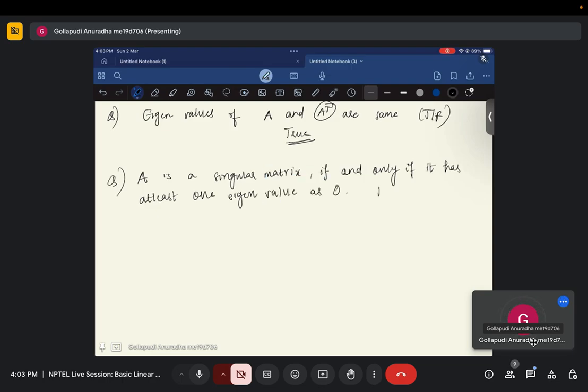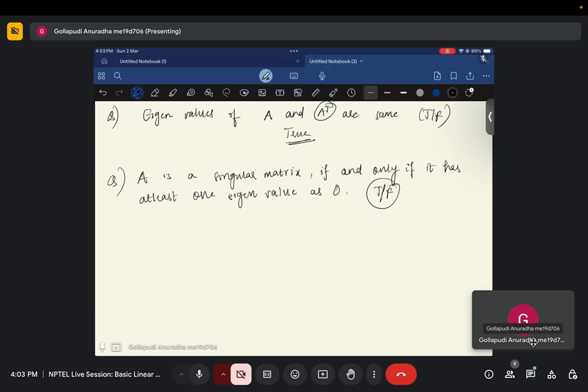True or false? True. Why so? If it is a singular matrix and we find its eigenvalues, then one will be 0. And if one of the eigenvalues is 0, then the determinant, which is the product of the eigenvalues, is 0. Determinant 0 means singular matrix.